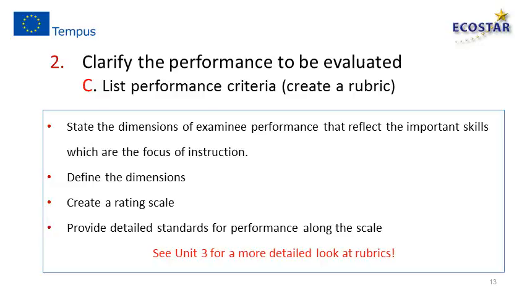So when you create a rubric to assess a performance, the first thing you have to do is state the dimensions of examinee performance that reflect the important skills which are the focus of instruction. Okay? Not only do you have to state these dimensions, you have to define them, which is the most crucial part. You have to create a rating scale, and you have to provide standards for performance along the scale.